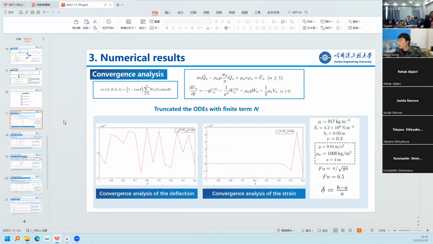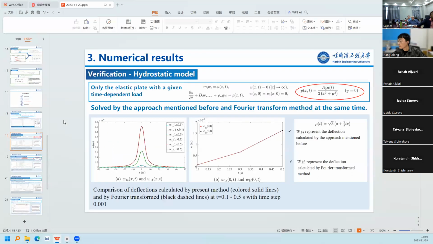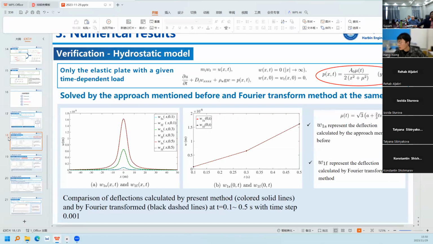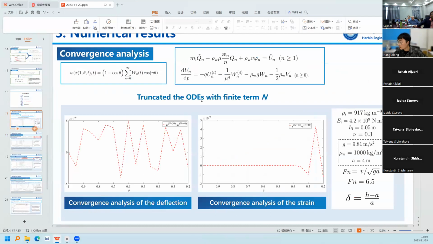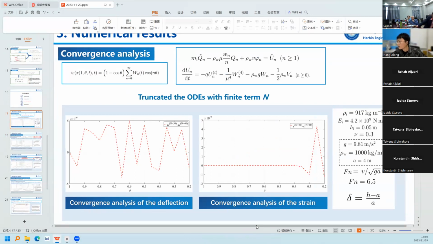Where is the line for n equals 40? No, earlier slide, slide 17. If you check the results, we can see only the red curve.